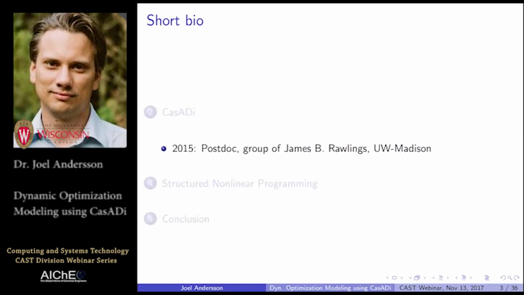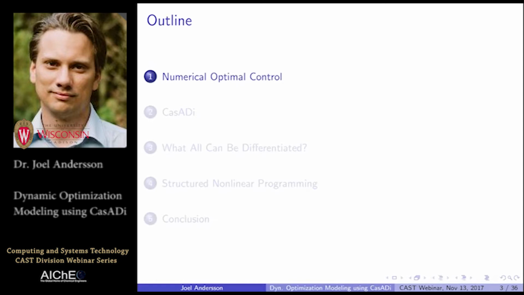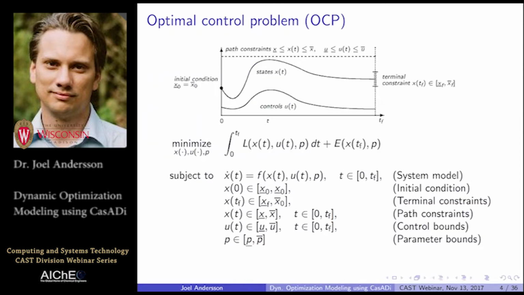All right. So I'm going to start by talking a little bit about methods for numerical optimal control in general, and how CasADi, the framework that I will introduce, fits into this. So we are interested in optimal control problems in general. In optimal control, we're trying to solve some optimization problem. Typically, we have a cost function consisting of some integral term and some end cost term.